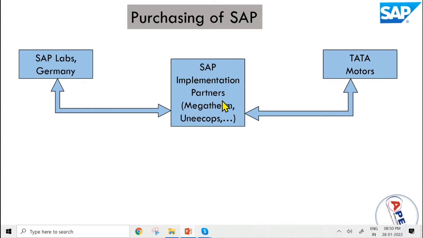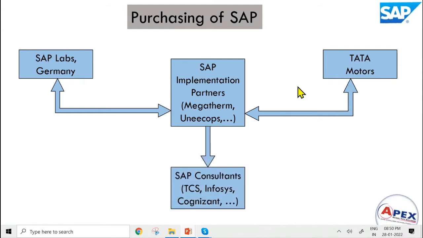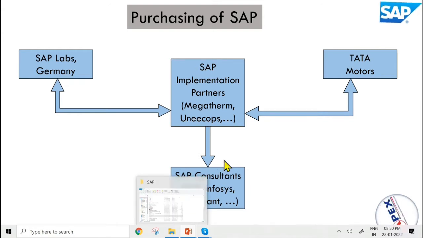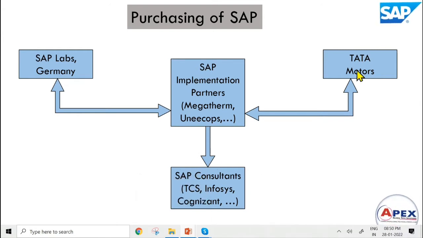The SAP implementation partner will sell the SAP product to Tata Motors. Next, the SAP implementation partner will have some consultants. If Tata Motors wants to implement, they see only the sellers. So whatever the implementation and installation part is, everything will be taken care of by SAP consultants. We have SAP consultants here like TCS, Infosys, Cognizant.